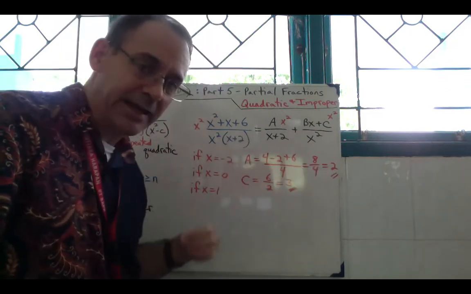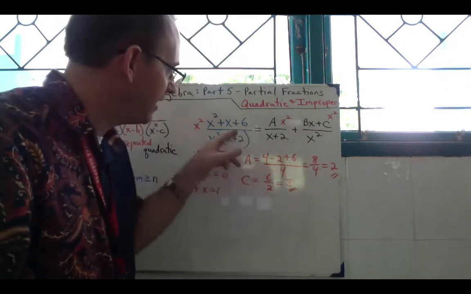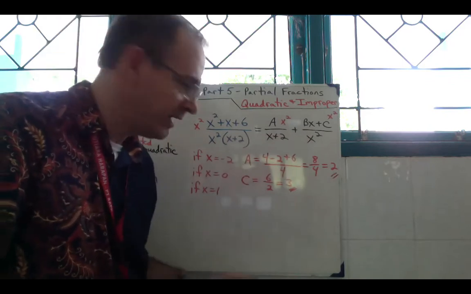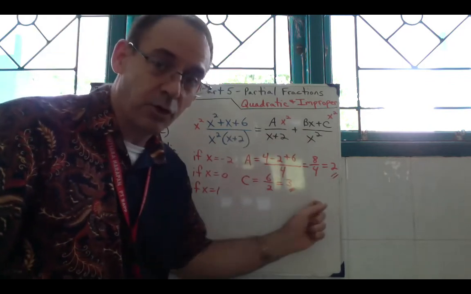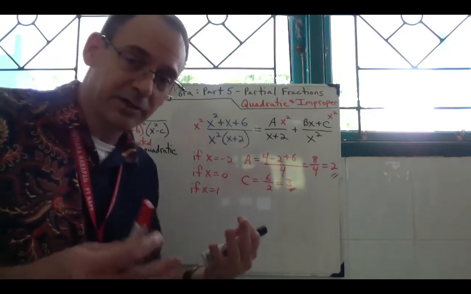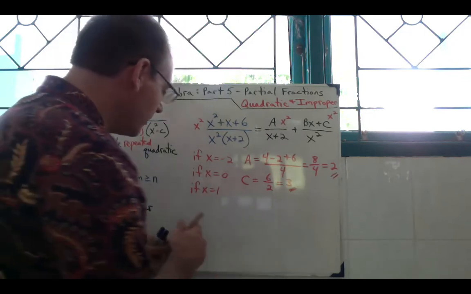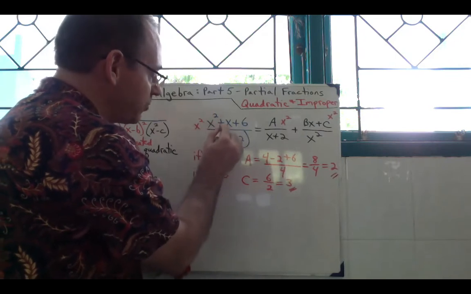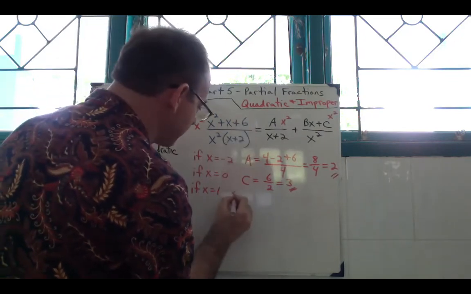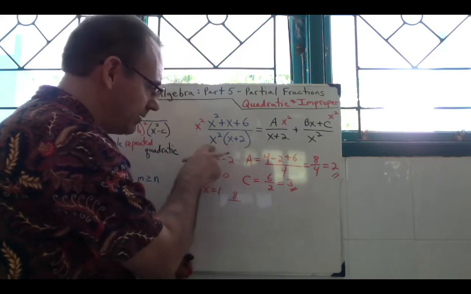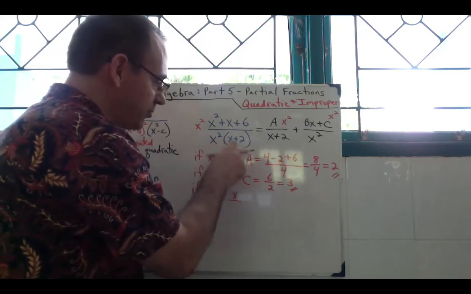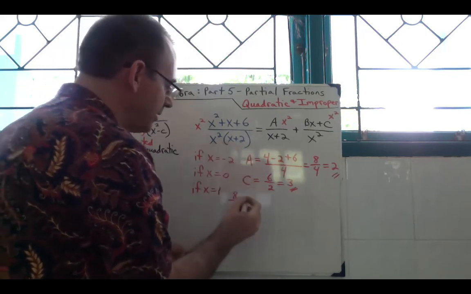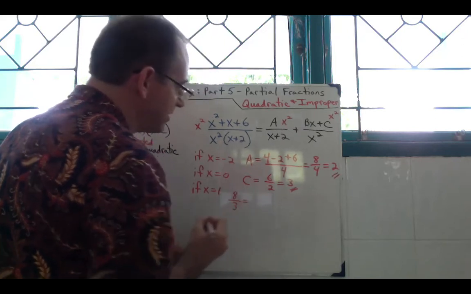When you have to plug in a random number that doesn't fit with your denominators, then you need to write out the whole equation, but you can plug it in as you go. So if we plug in a 1, 1 squared is 1, plus 1 is 2, plus 6 is 8. 1 times 1 plus 2, 1 plus 2 is 3, times 1 is 3, so we get 8/3 equals.